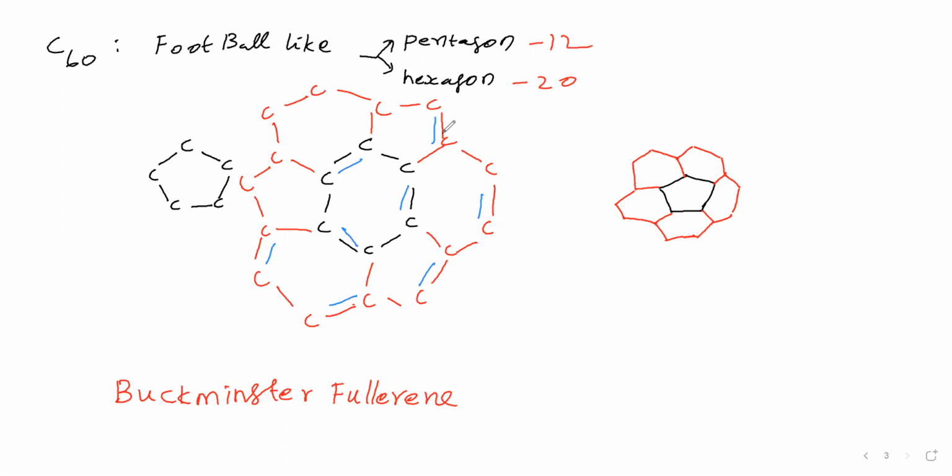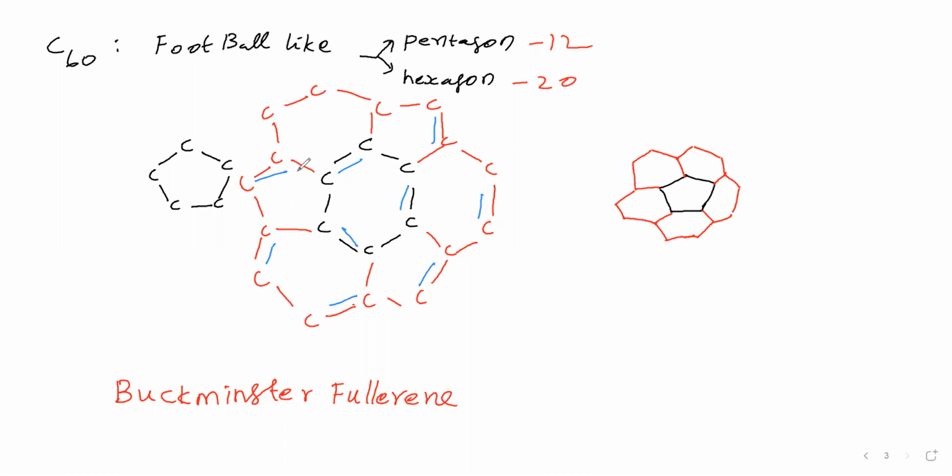Alternate single and double bonds will be there. Now you see that here single bond, here double bond, here single bond, now double bond, like that. Alternate single and double bonds will be there in this one.